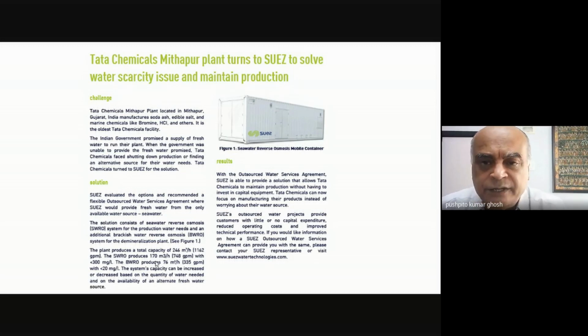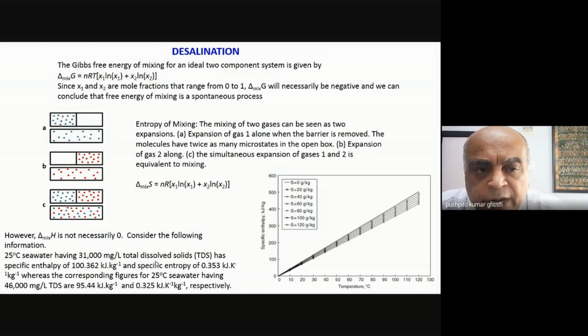That is the reality. So it is very important that we spend some time in trying to understand desalination, because as we said, there has been a massive reduction in the energy cost for carrying out desalination, but there's nothing to suggest that we have reached the limit.